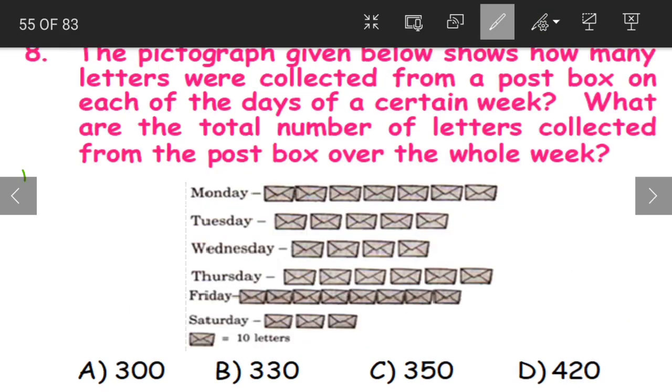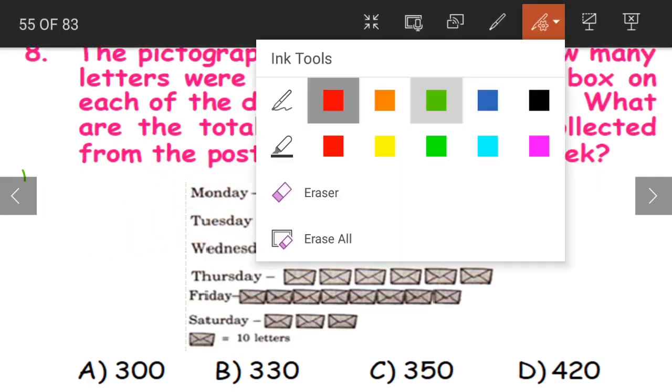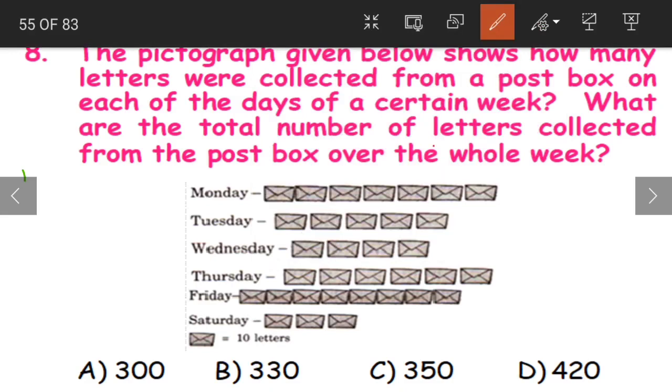Now coming to question 8, the pictograph given below shows how many letters were collected from a post box on each of the days of a certain week. Now what are the total number of letters collected from the post box over the whole week? We want to find out the number of letters collected over the whole week.